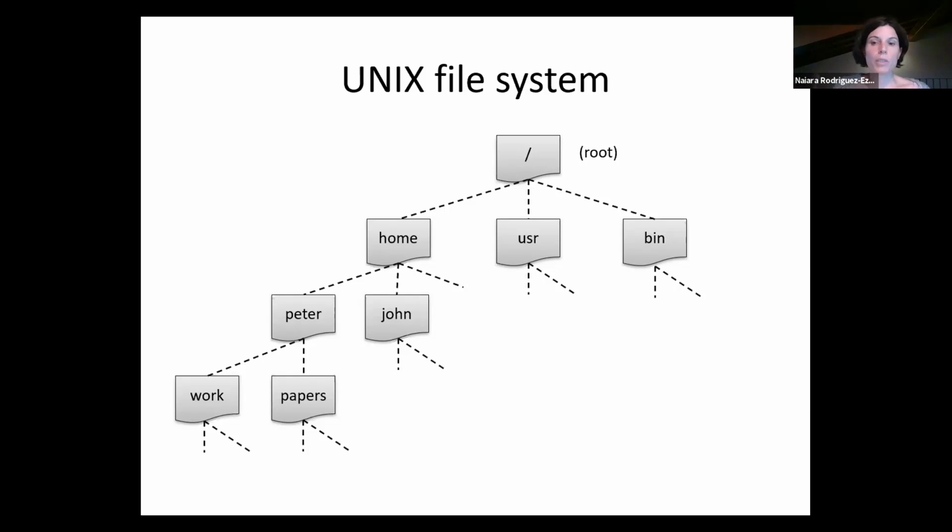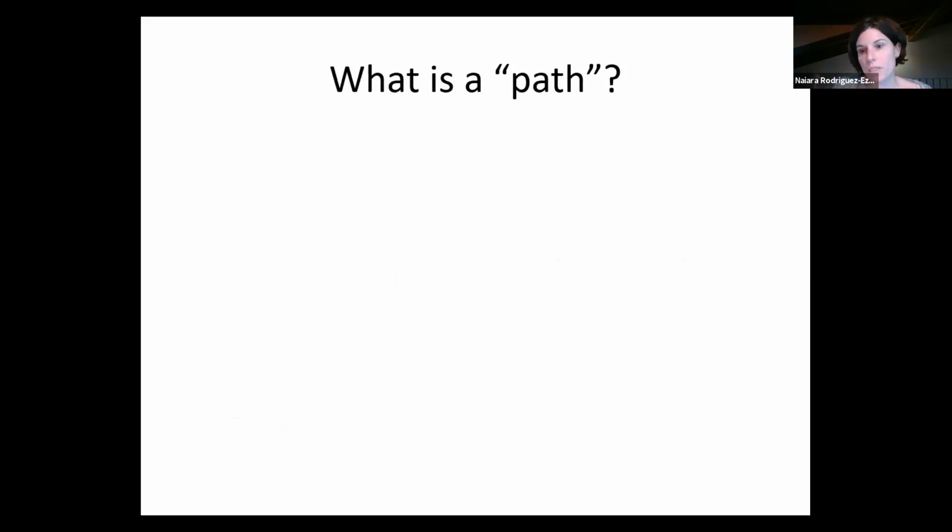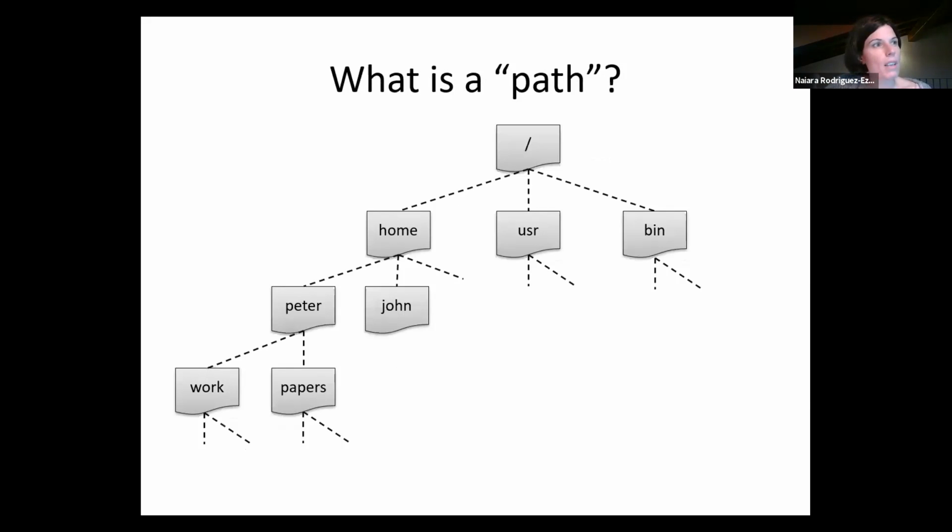So we need to learn to navigate in this system, right? We navigate using what we call paths. So what are paths? If this is our system again, a path is the way that brings us from one place to another.